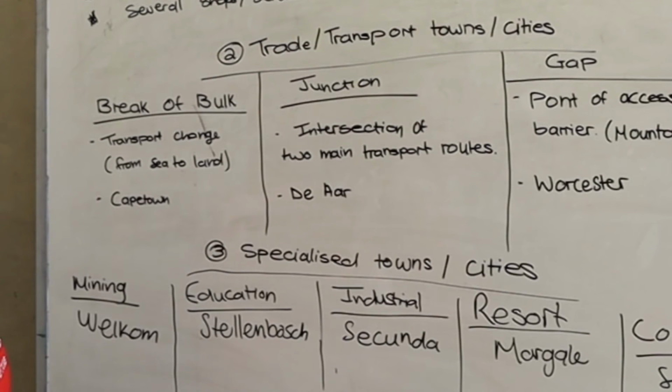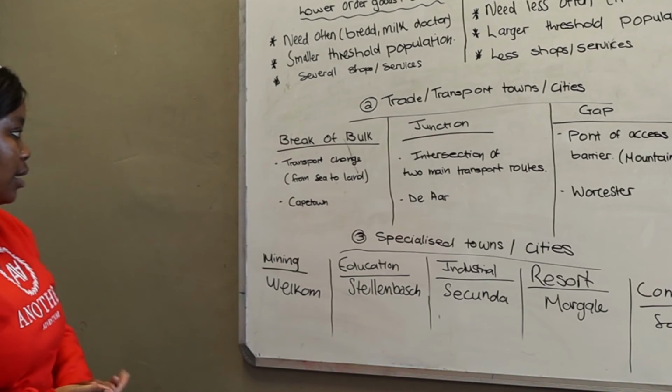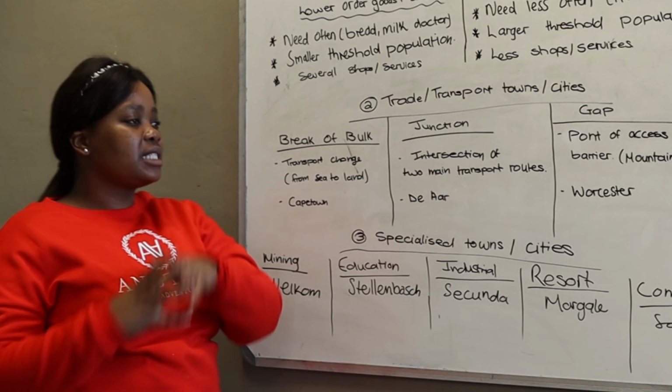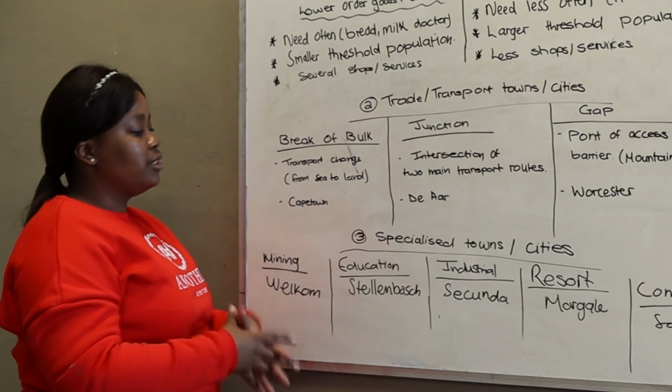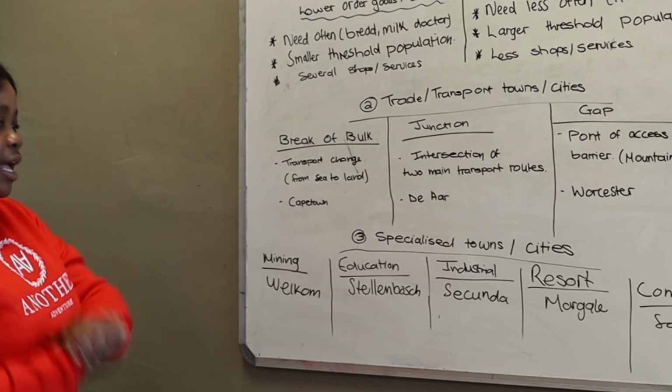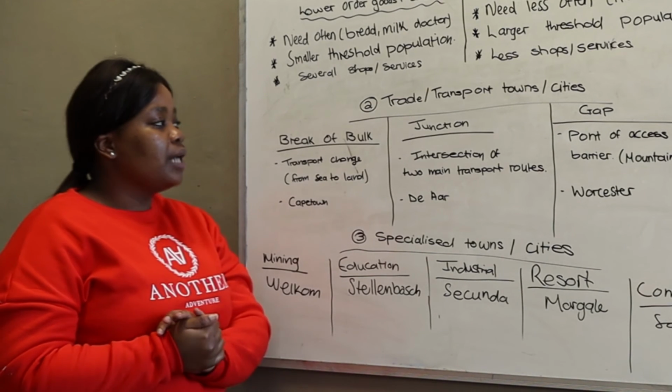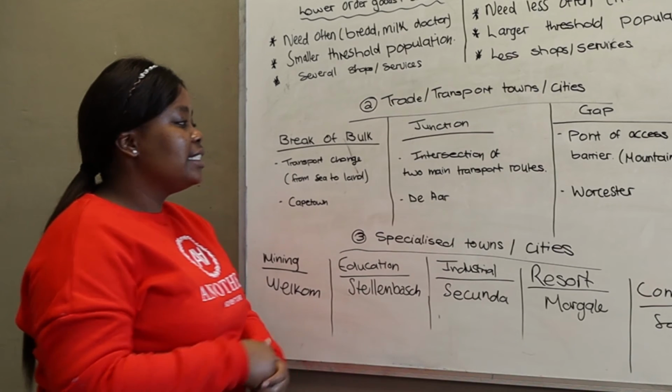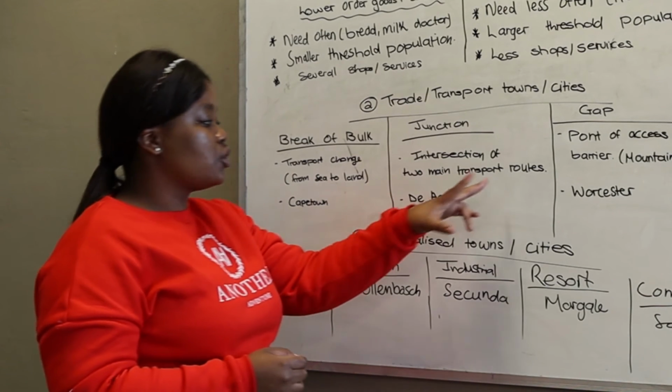Number two, trade, transport, towns and cities. Okay, break of bulk is a transport change from sea to land or from land to sea. An example is Cape Town at the harbour. Junction, the intersection of two main transport routes.